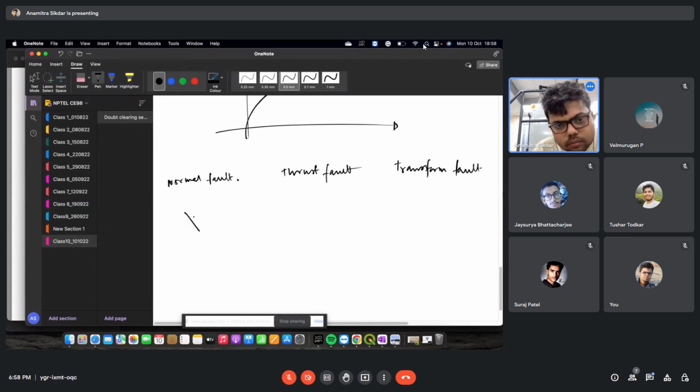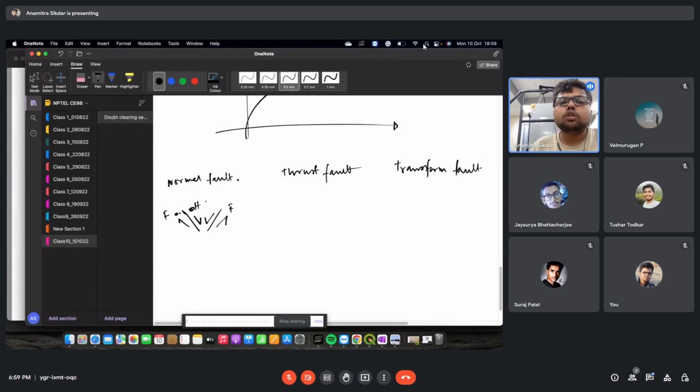This block will go downwards and this will go upwards. This is the hanging wall block, and this is the footwall block, right?